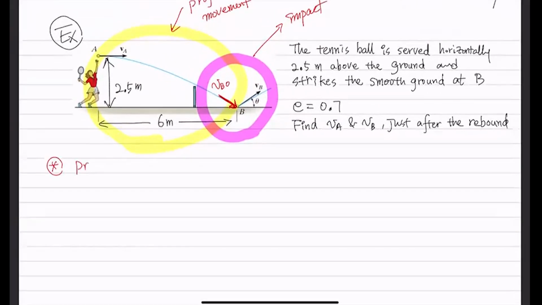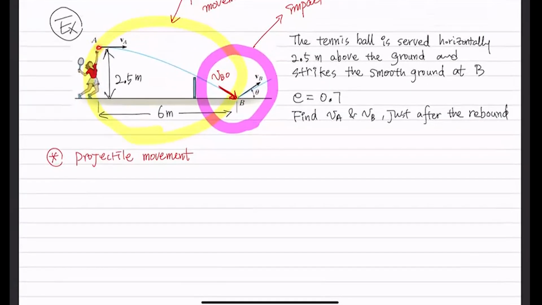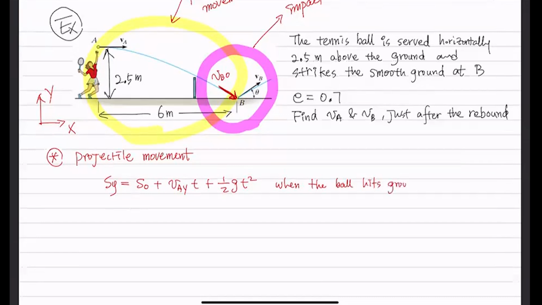Let's talk about the projectile. It has an initial velocity in the horizontal direction, and it is flying down and hits the ground. So we do the y axis first, and the displacement in the y direction is going to be S naught plus VAy t plus 1/2 g t squared, right? And when the ball hits the ground, it's going to equal 0.